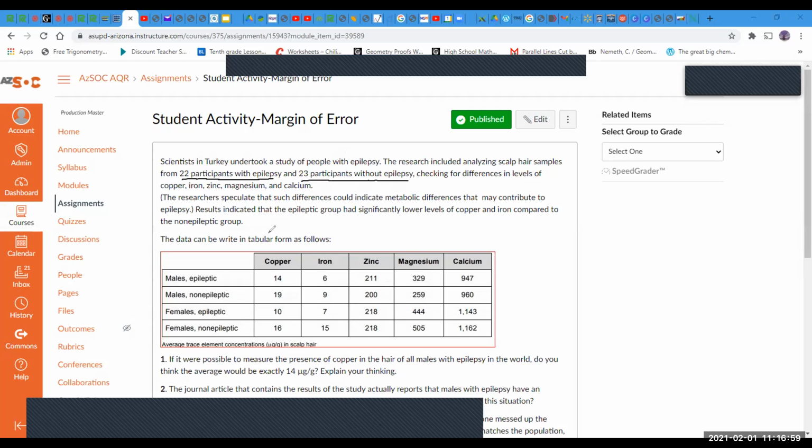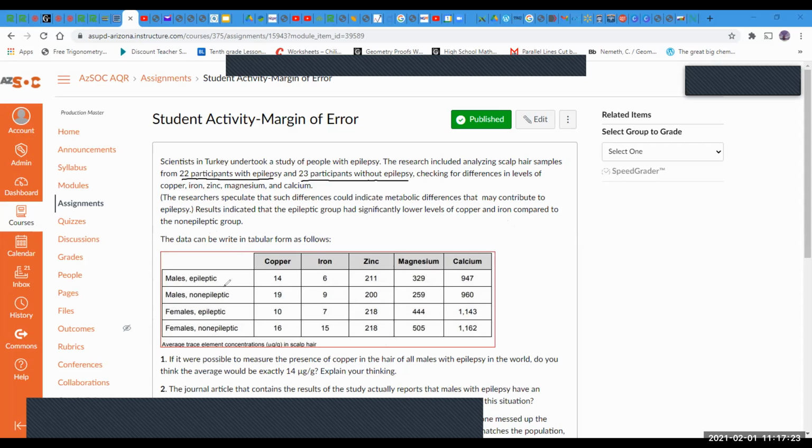Very nice study. The researchers speculate that such differences could indicate metabolic differences that may contribute to epilepsy. Results indicated that the epileptic group had significantly lower levels of copper and iron compared to the non-epileptic group. The data can be written in tabular form as follows.